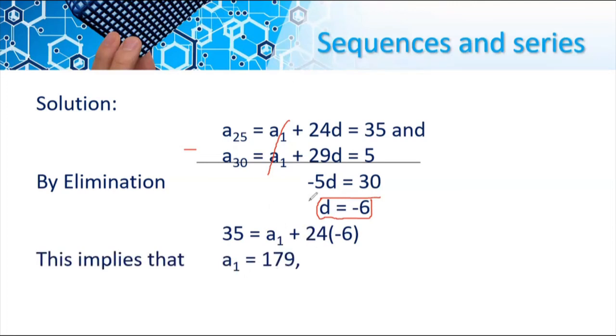Okay. So, nanggaling yun sa 24 times negative 6. Pag kinuha natin yan ay meron kang negative 144.